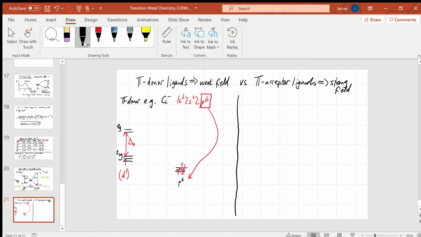And because of the similarity in energy level of the T2G set from the metal and the ligand p electrons over here, we would have an interaction of these orbitals into a bonding and an anti-bonding set.